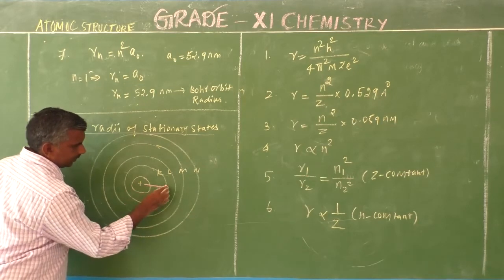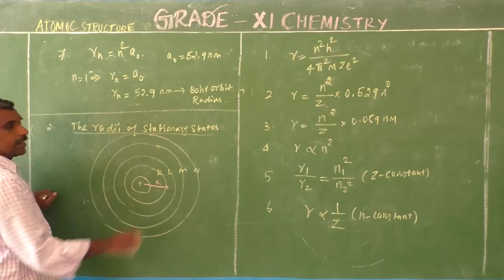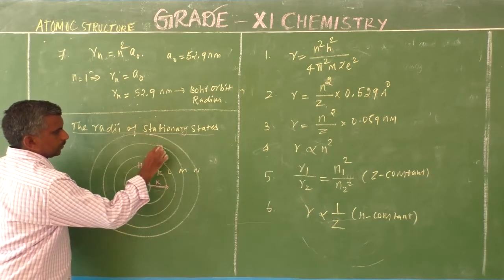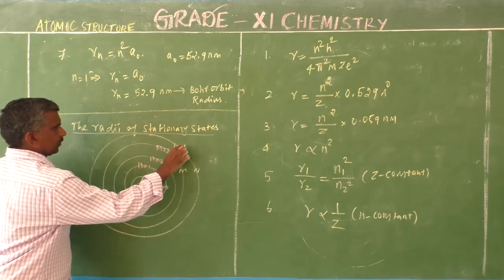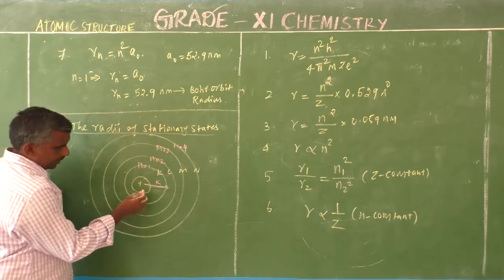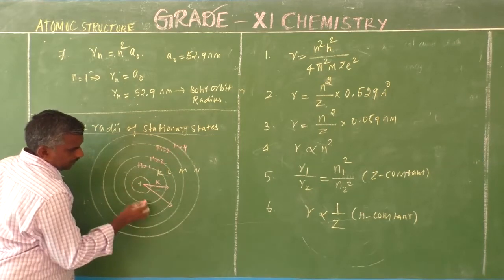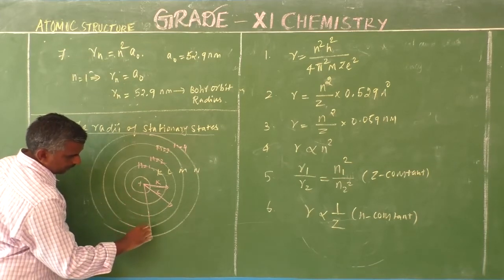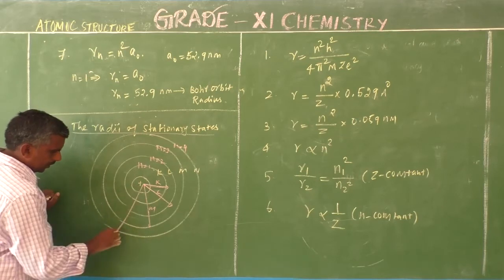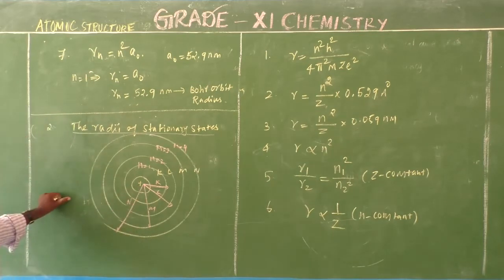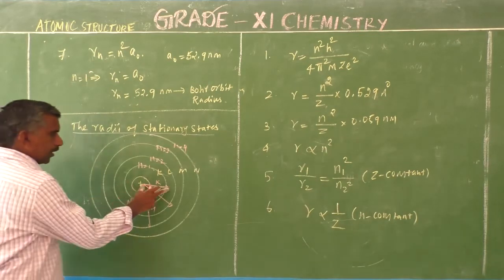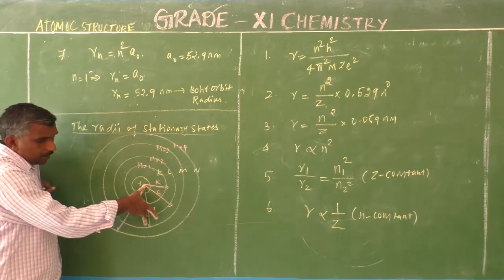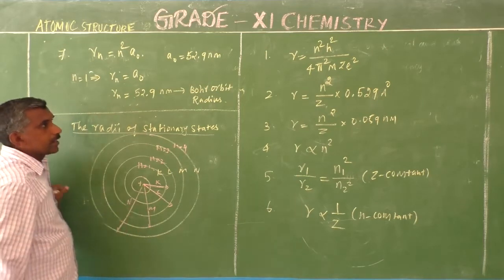This is the K shell, first shell, n is equal to 1. This is the second shell, L shell. This is the third, M shell. This is the fourth shell, N shell. The radius formula: K shell radius formula, L shell radius formula, M shell radius formula, N shell radius formula.